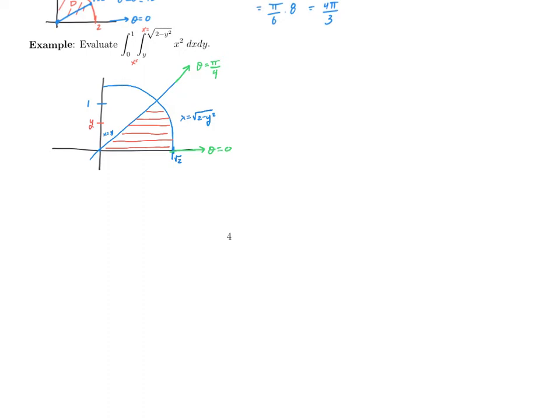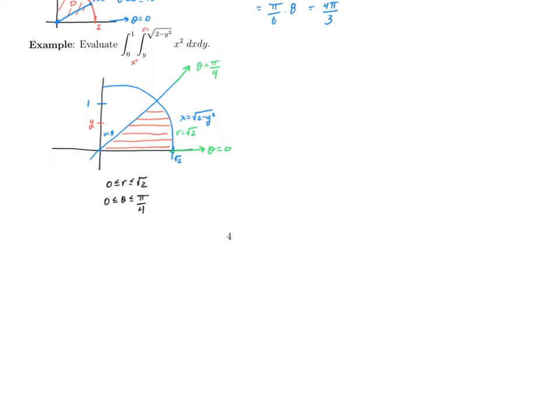And the outside circle is a circle of radius square root 2 centered at the origin. So in terms of polar coordinates, we could describe this as a rectangle with the r values between 0 and square root 2, and the theta values between 0 and pi over 4.